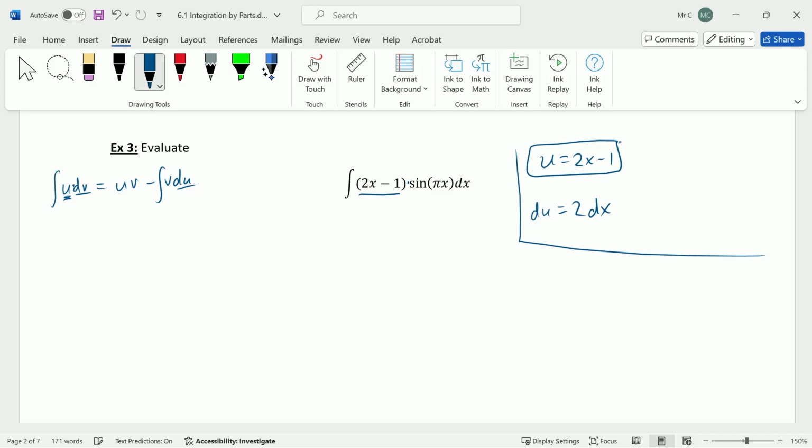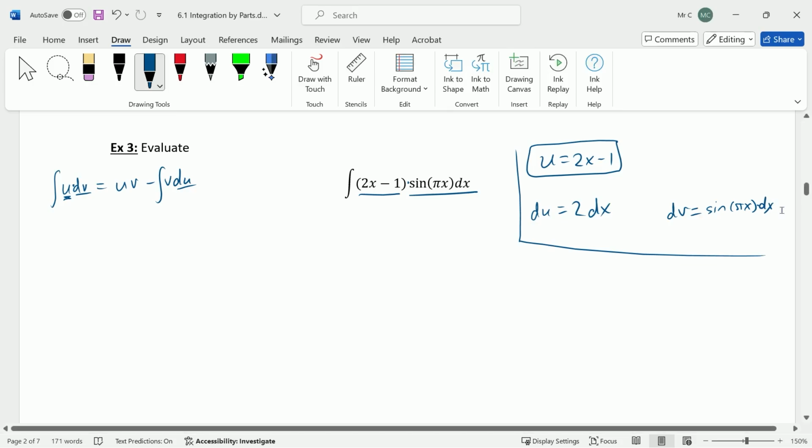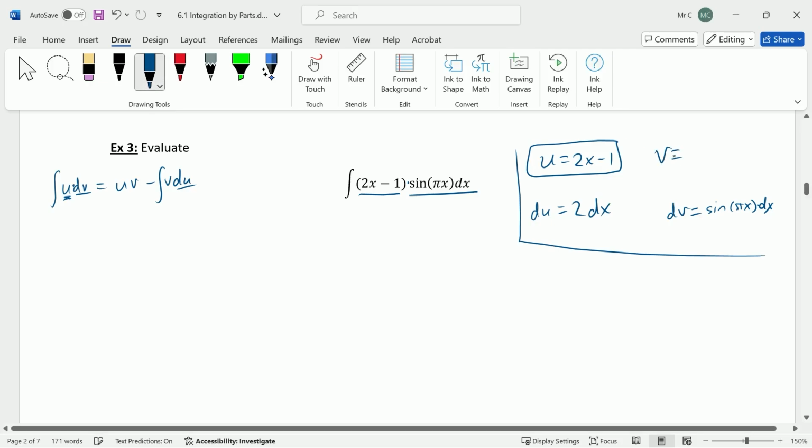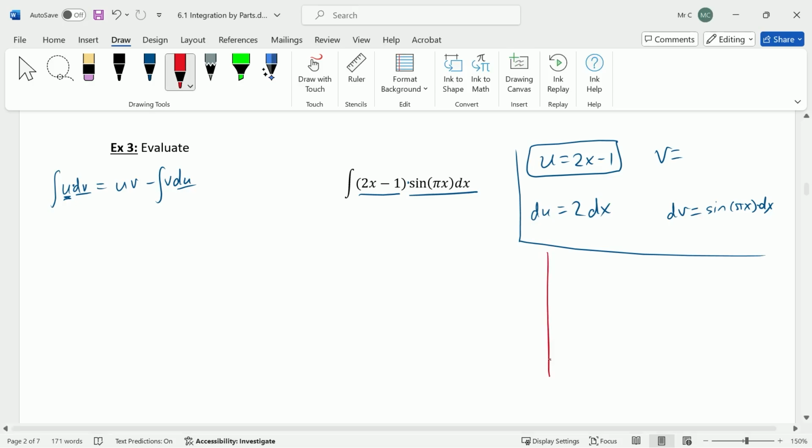All right, so I picked u as 2x minus 1, and I'm picking dv to be everything else that's left. So dv here is sine of pi x dx. Now in the future, I'm gonna start skipping over this little antiderivative step here, but we'll do this off to the side just to illustrate.